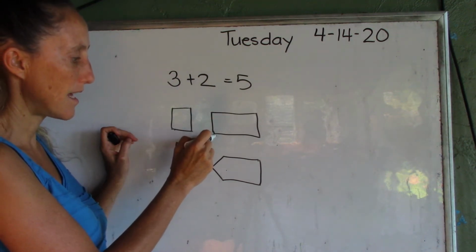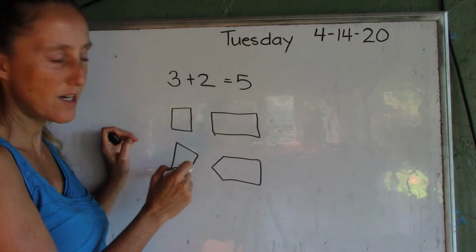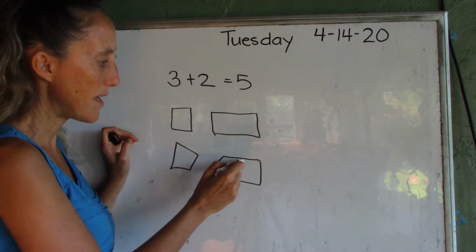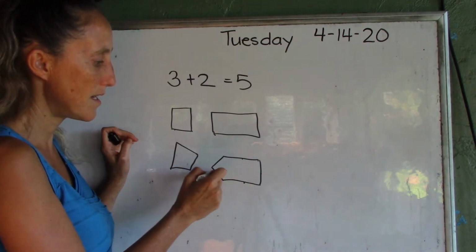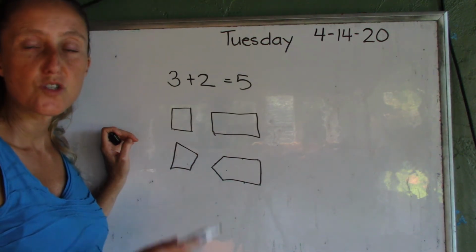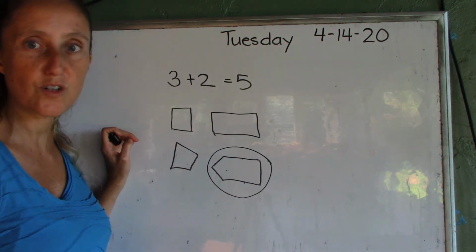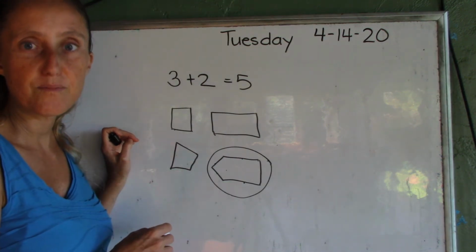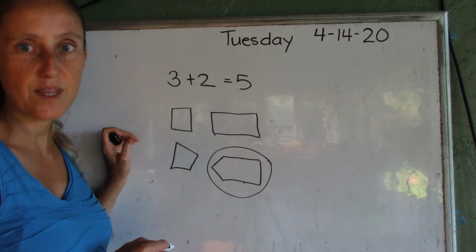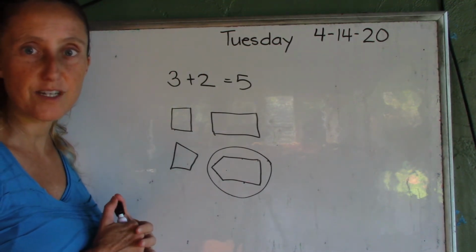The rectangle has 4, this crooked square has 4, and this shape has 1, 2, 3, 4, 5 sides instead of 4. So it is different. So when it asked you to circle in your worksheet the shape that is different, it might be because it has a different number of sides.